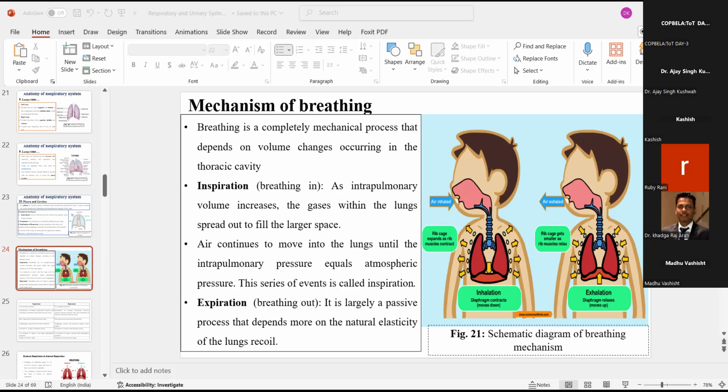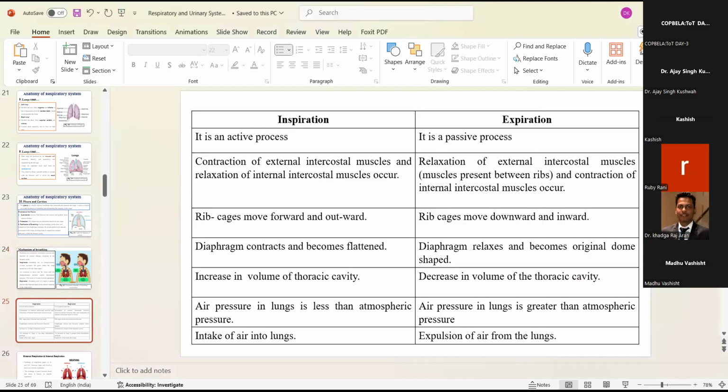So what exactly is the difference between inspiration and expiration? We can see it in this table. Inspiration is an active process, and expiration is a passive process. In inspiration, there is contraction of the external intercostal muscles and relaxation of the internal intercostal muscles.